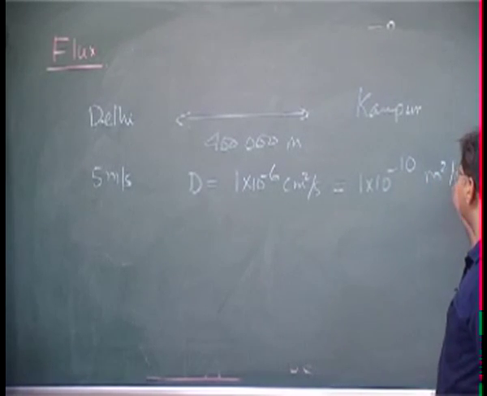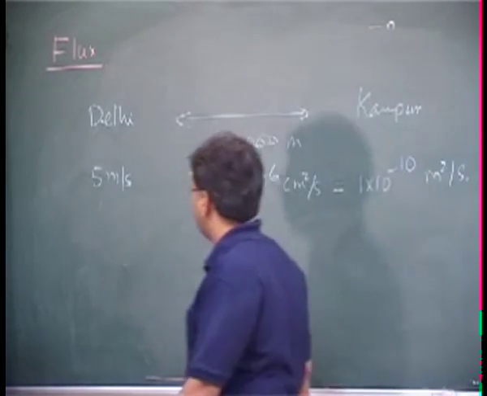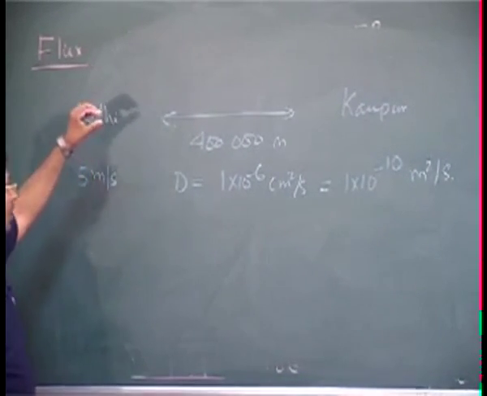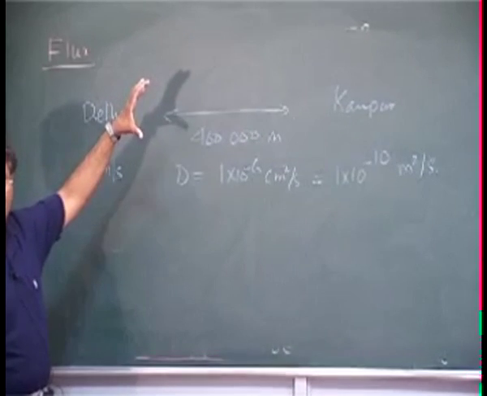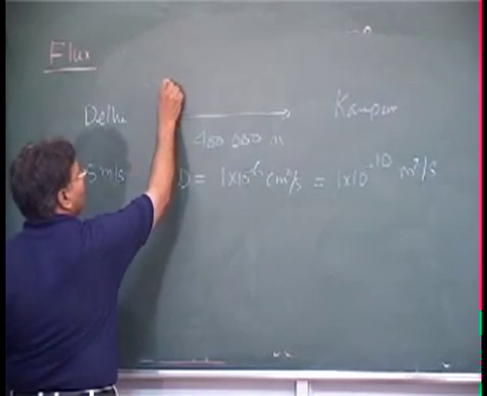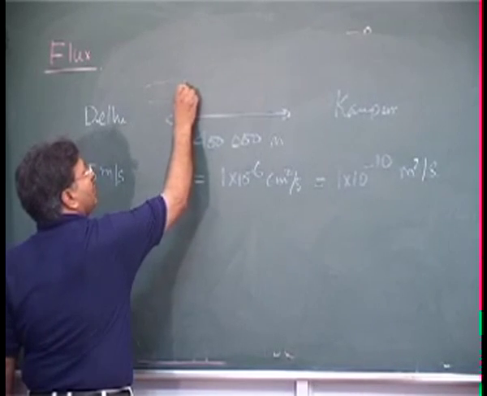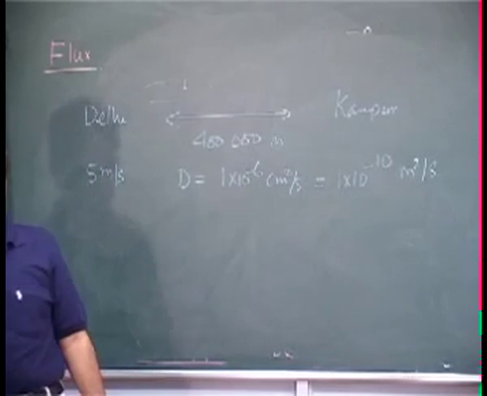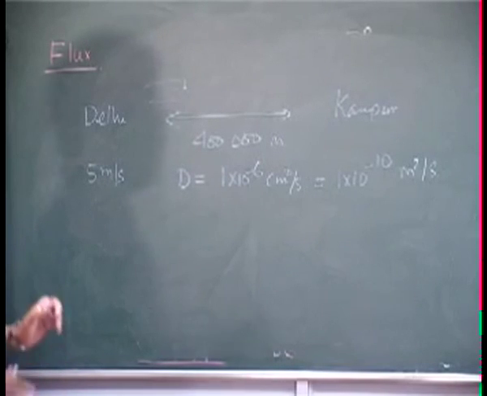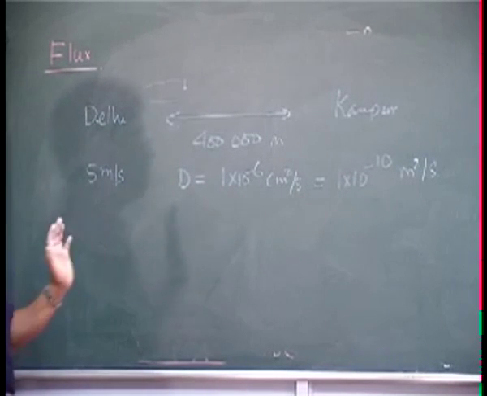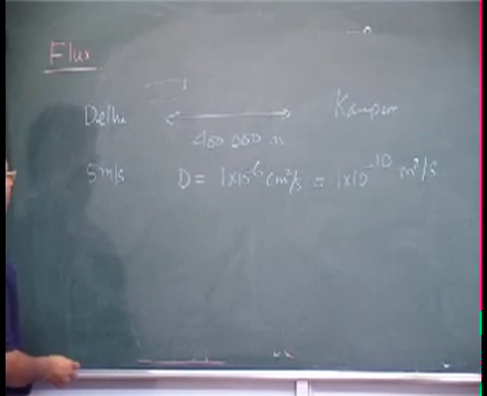Meters squared per second. I want to find out the characteristic distance over which the particle will disperse. If there was a plume going on, how much will the pollutants disperse from their mean position? That is what we want to find out. Again, a very hypothetical, unrealistic example, but we want to conclude something at the end.